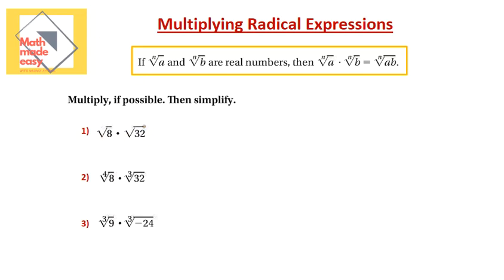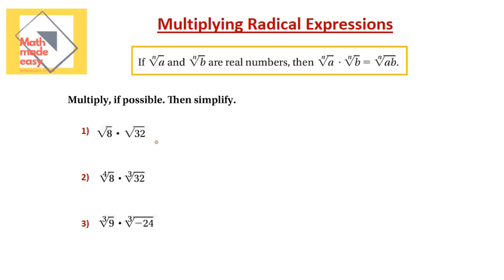If I have the same index, this is the rule: if the nth root of a and the nth root of b are real numbers, then the nth root of a multiplied by the nth root of b is equal to the nth root of a multiplied by b. What does that mean? If they have the same index, you can just multiply the numbers under them. What if they don't have the same index? If they don't have the same index, it's not possible for you to multiply.